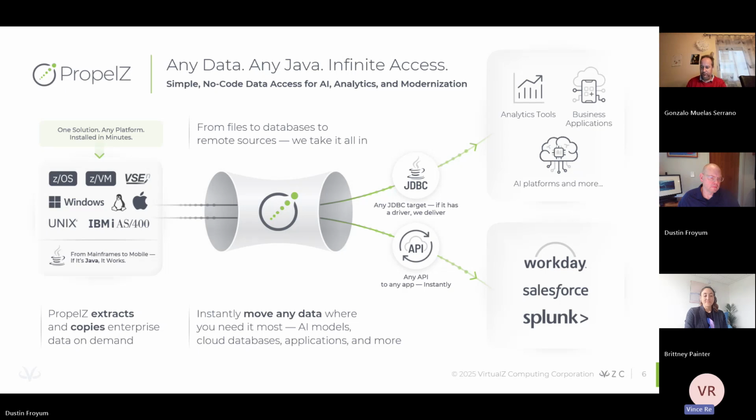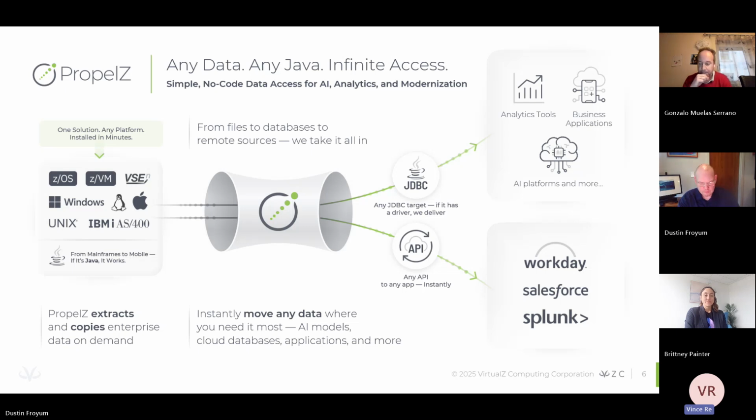And especially with things like VSAM files, you have all kinds of complexity. You might have packed decimal data, mainframe format floating points, bit fields, binary fields, all sorts of different things. So just understanding that data is a challenge, even if you had connectivity to it.